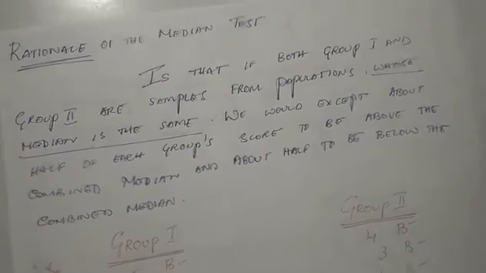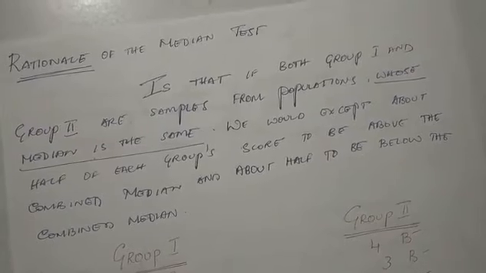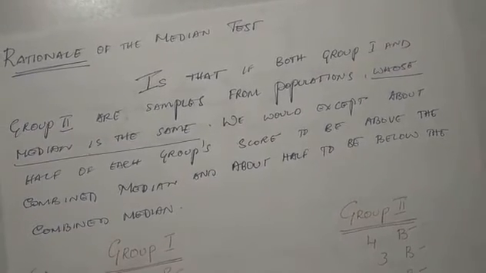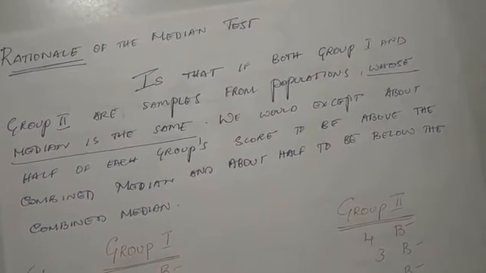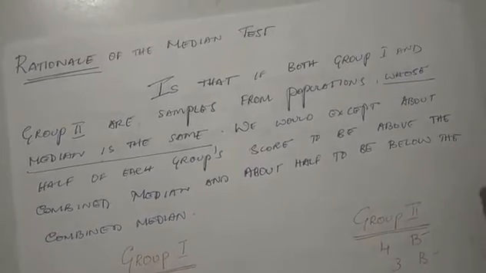Then we expect that half of the group scores will be above the combined median and half would be below it.